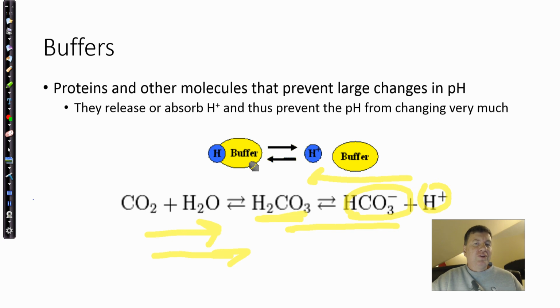We'll get far more into buffering systems in AMP2, because there are some extremely critical ones that, if disrupted, can lead to respiratory acidosis or metabolic acidosis. For now, I want you to focus on what acids are, what bases are, the relative strengths of acids and bases, and ultimately why buffers are so important. That wraps up this video. One more coming. Thanks.